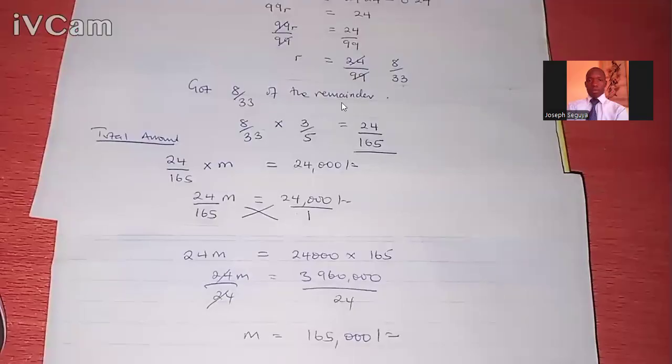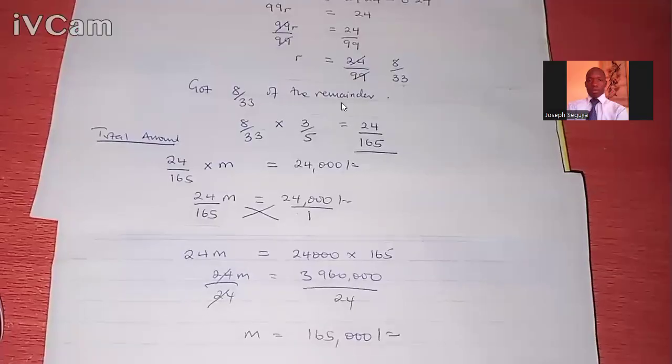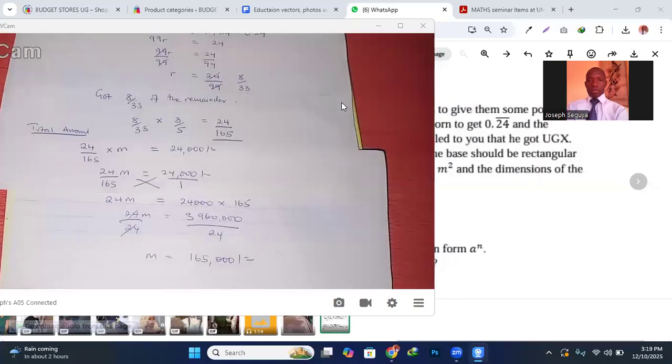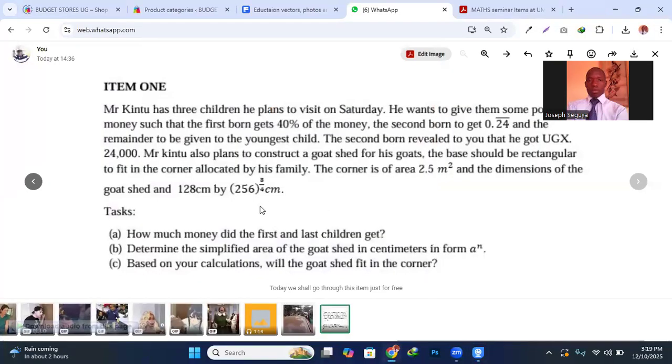Okay. Now, they are telling us in the question to determine how much money the first and the last child got. So let us get what the first child got. They said that the first child got 40% of the money.